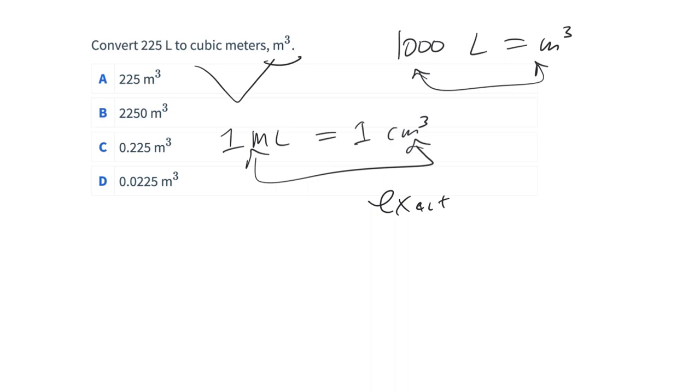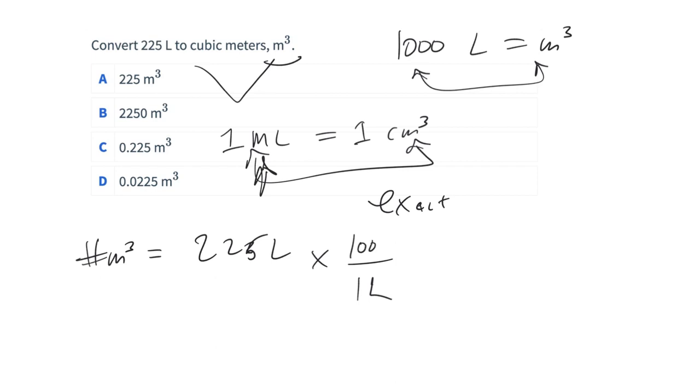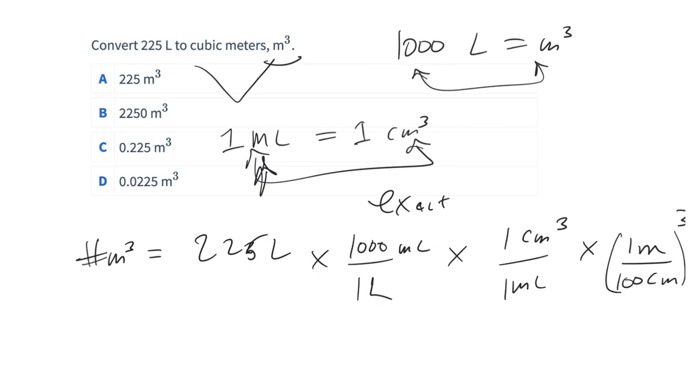If this is the only conversion factor we know, we should be able to make this conversion. For our number of cubic meters, start with 225 liters. Let's convert over to milliliters so we can use this conversion factor. 1 liter is exactly 1,000 milliliters. Then we use milliliter to cubic centimeter. Then for the centimeter conversion, we have 100 centimeters in a meter, but we have to cube the entire conversion.